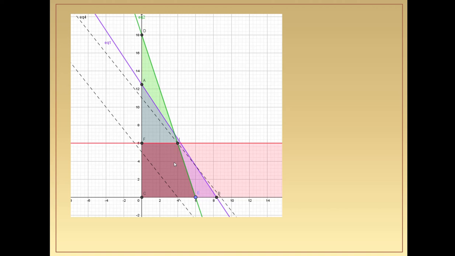So 6x1 plus 4x2 must be less than or equal to 50.